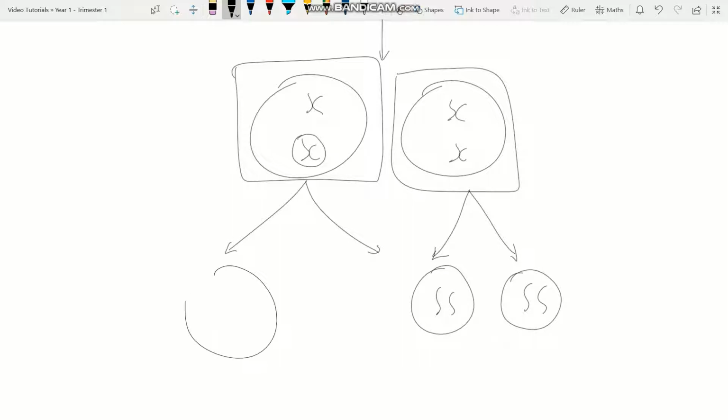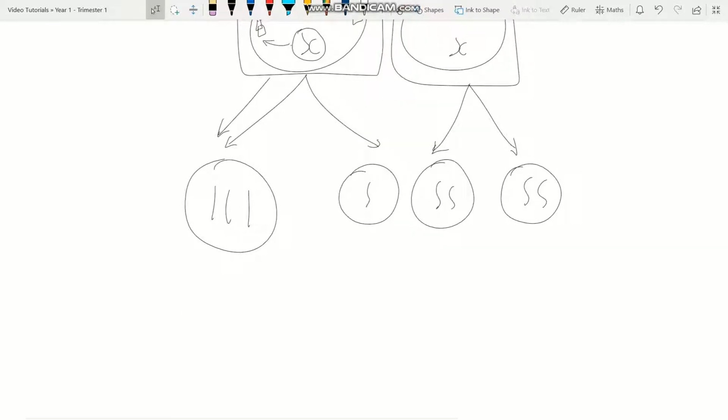So what will happen is that because this centriole pair will pull this chromosome to that side and also pull this chromosome to that side, whilst this centriole pair will pull this chromosome to that side, this cell will have 3 chromosomes present. This cell will only have 1. So the outcome of meiosis II is that 4 haploid cells are formed. However, there's one trisomy, one monosomy, and two normal haploid cells forming.